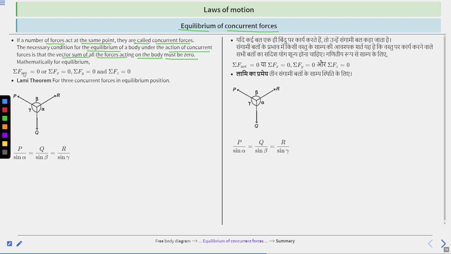Mathematically, summation F net is equal to 0, summation Fx is equal to 0, similarly summation Fy equal to 0, and summation Fz is equal to 0. So, from Lami's theorem, for three concurrent forces in equilibrium, P divided by sin alpha, Q divided by sin beta is equal to R divided by sin gamma. Clear?